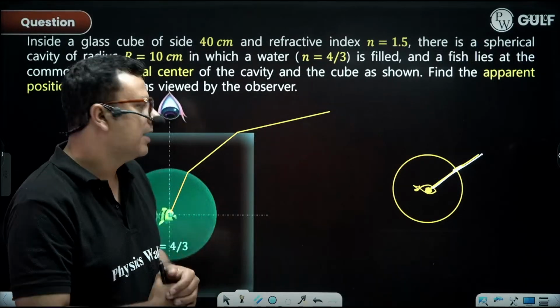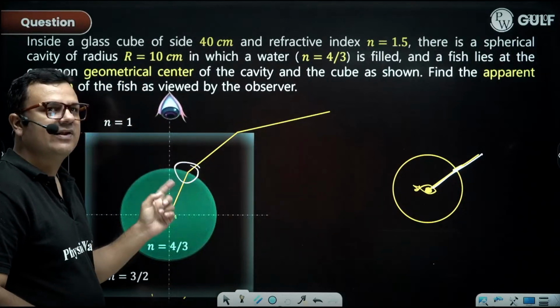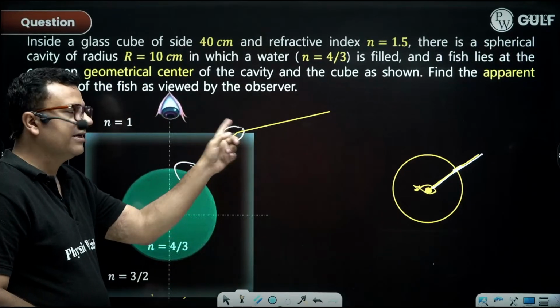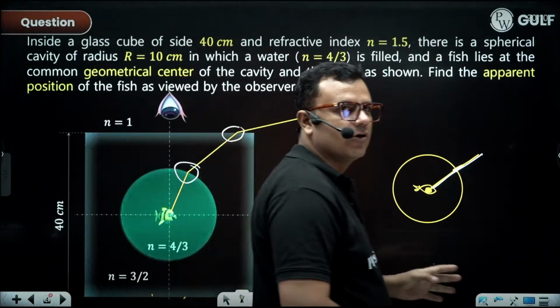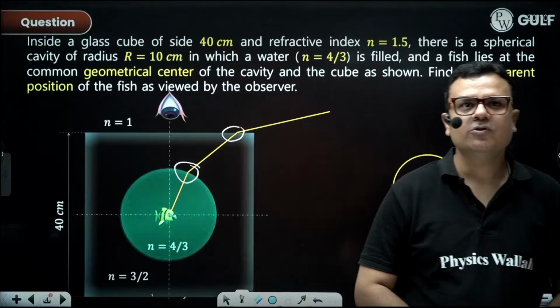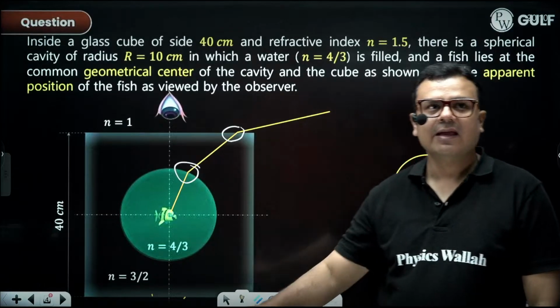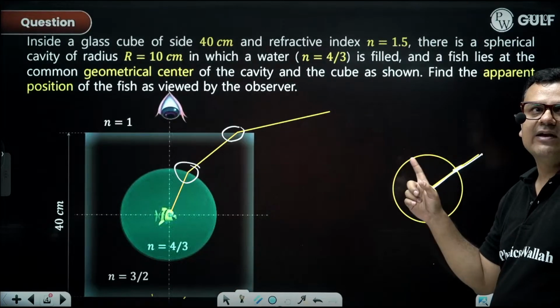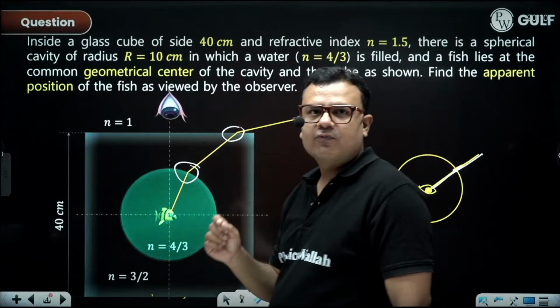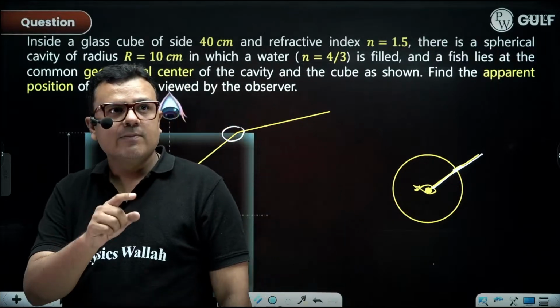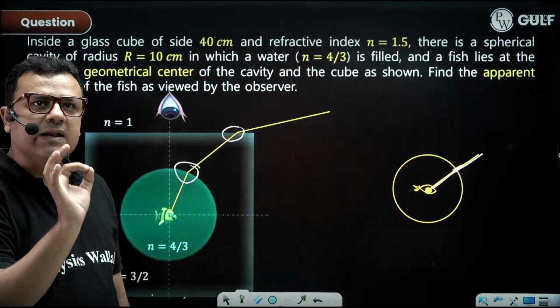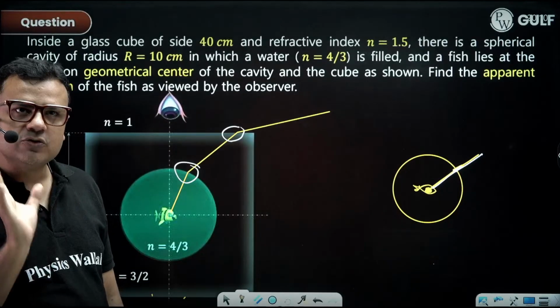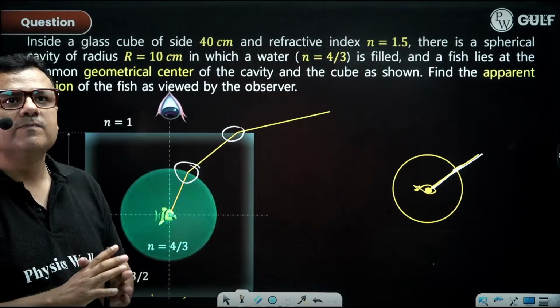Normal people are going to apply the first refraction, then they do the second refraction, that's it. You are not going to apply that kind of approach. You need to use your mind that it will come out from the spherical surface. When the ray comes out from the spherical surface, the normal and the ray both are passing parallel to each other, the angle between them is 0 degree. So deviation will be 0.